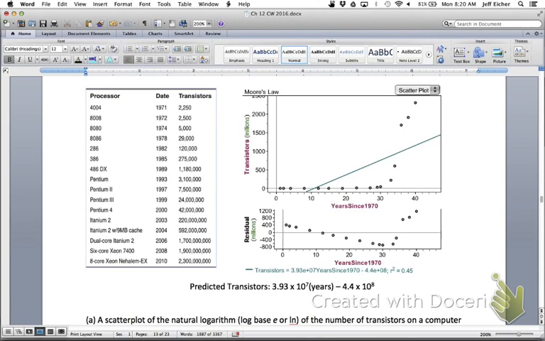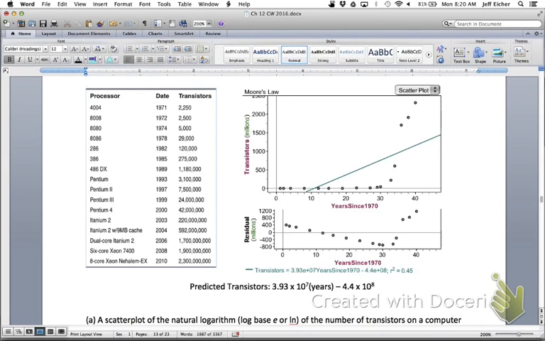From what I understand, a transistor relates to the speed of computing. So you can see in 1971, 2,000 transistors, slow, compared to 2010, 2.3 billion transistors, much faster computing time.